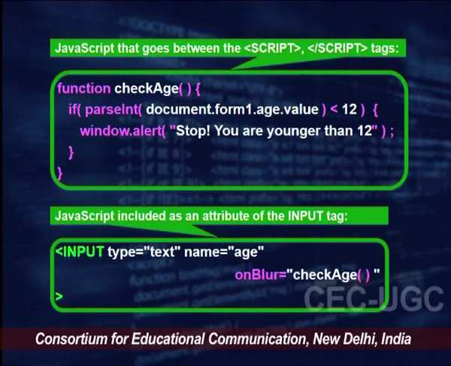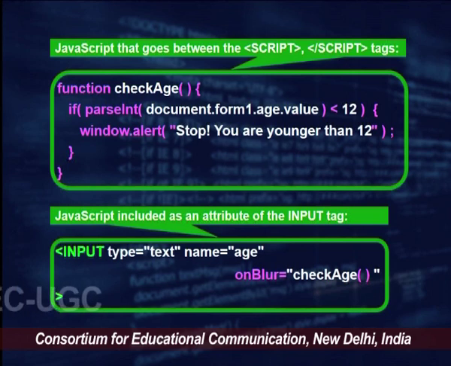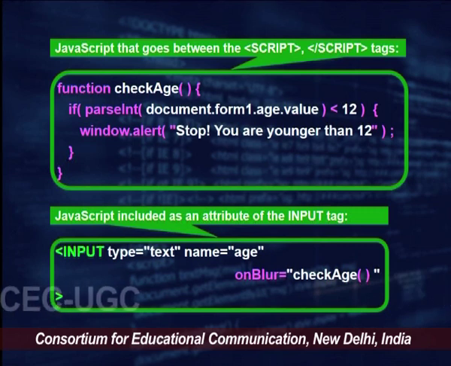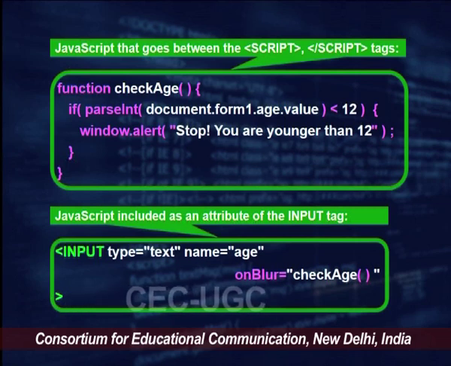And where are you going to call this function? Again we call this function in the text box, and the event on which it is called is onblur. Onblur means that whenever the focus moves out of that text box, this function will be called. And you see that in this function no arguments are given, because within the function it is directly accessing the text box.